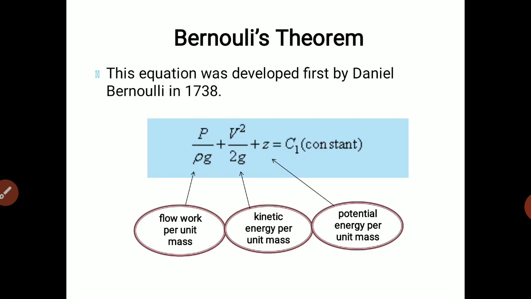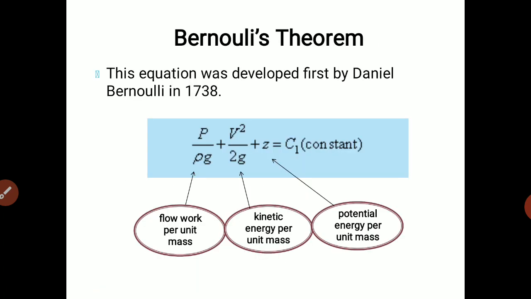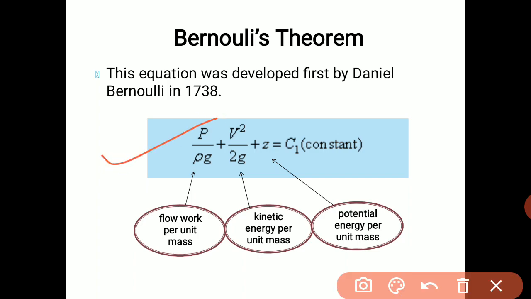Bernoulli solved it in a particular form and derived this equation, which was developed first. There are also modifications of Bernoulli's equation. Bernoulli himself modified his equation, and this is known as the modified Bernoulli's equation.